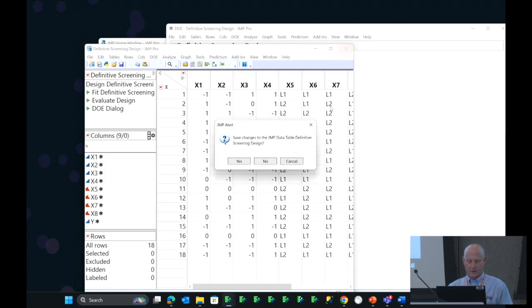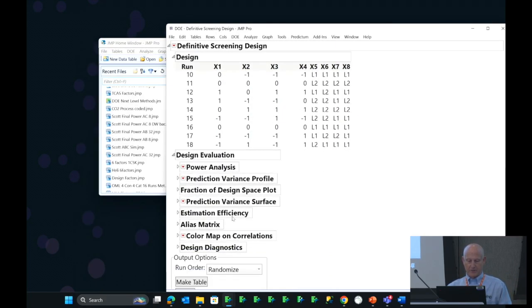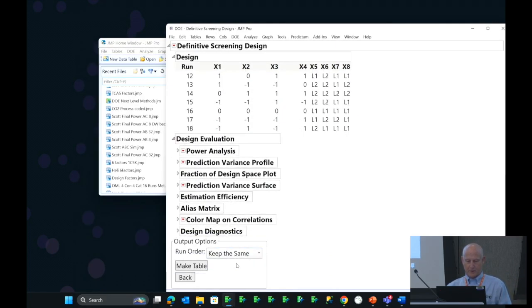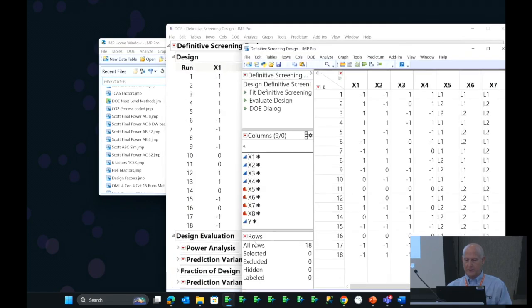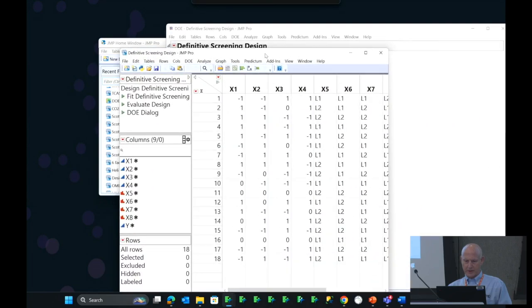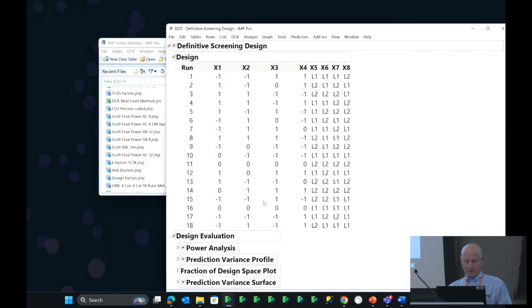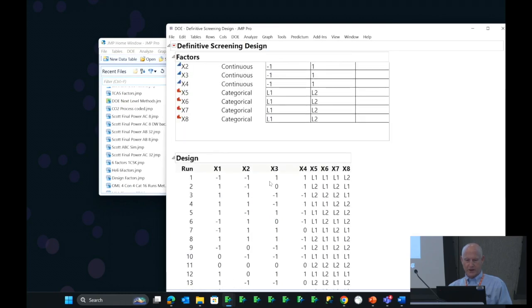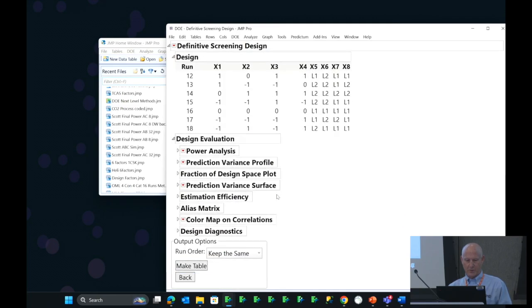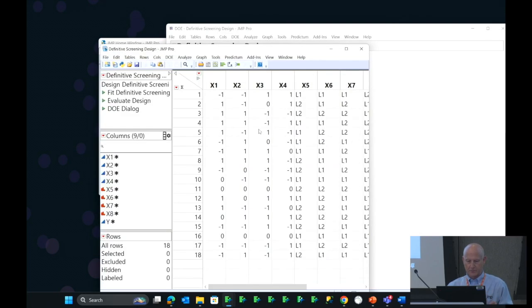Let me go back and make those, so they're not, still didn't do it, did I? I was trying to get my, oh, the original design is in a randomized order. Okay. I'll just leave that here.